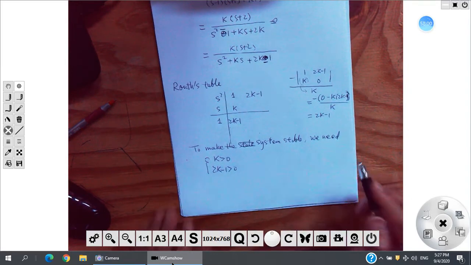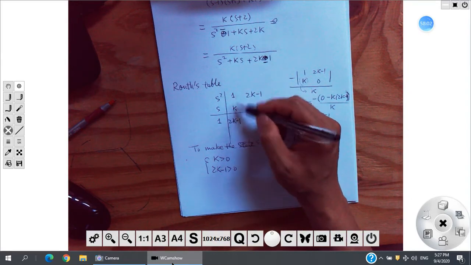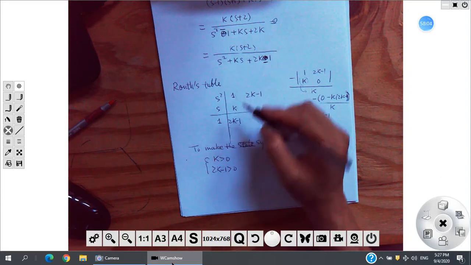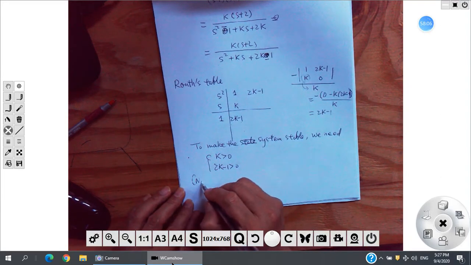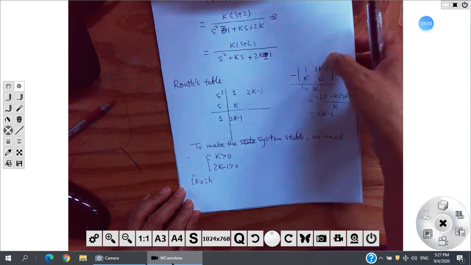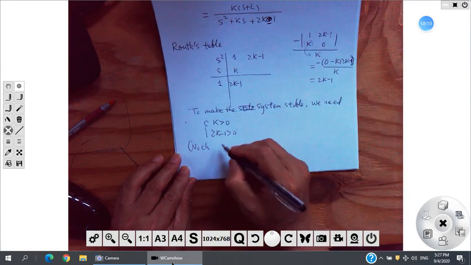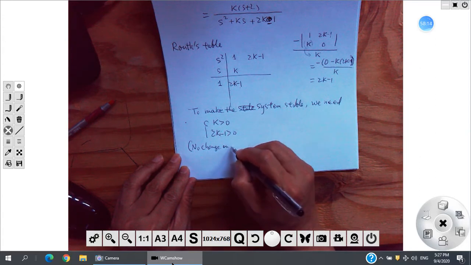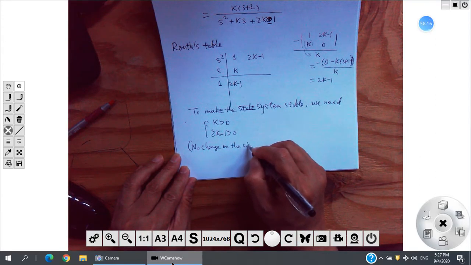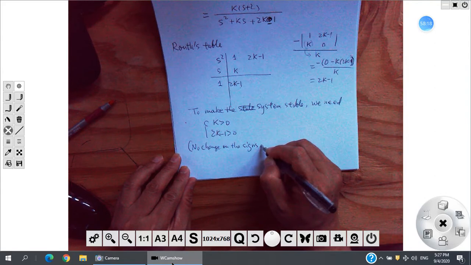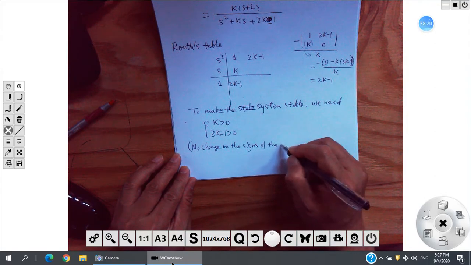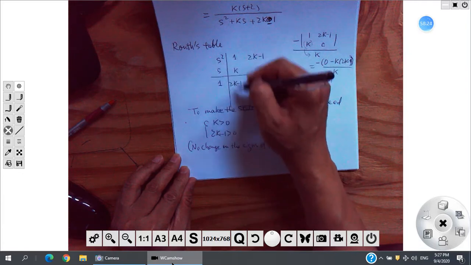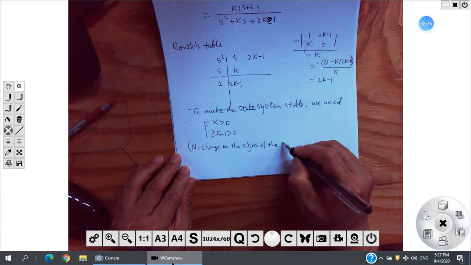We want no change in the signs of the first column of numbers.